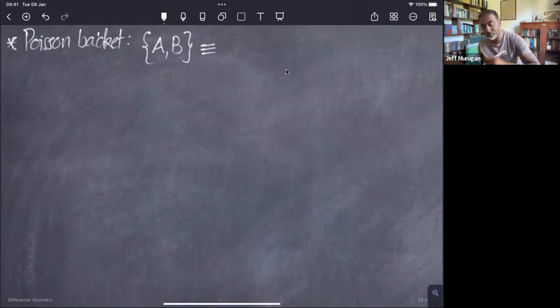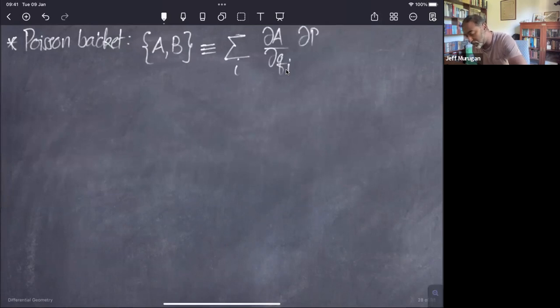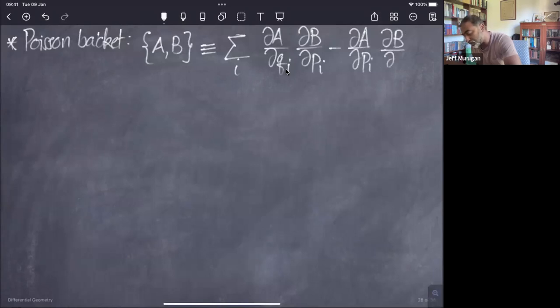So A curly brackets B is defined to be the sum over i of dA by dq_i dB by dp_i minus dA by dp_i dB by dq_i.